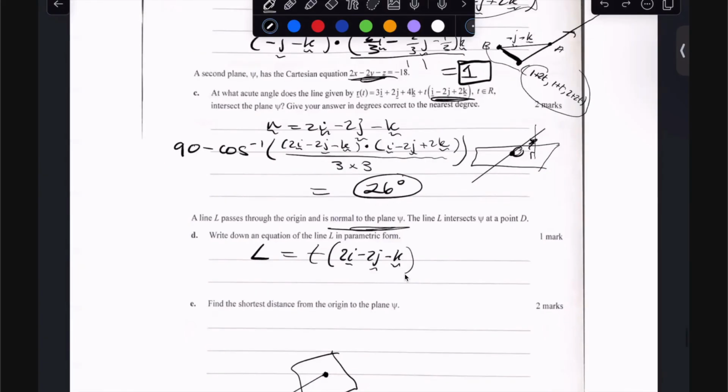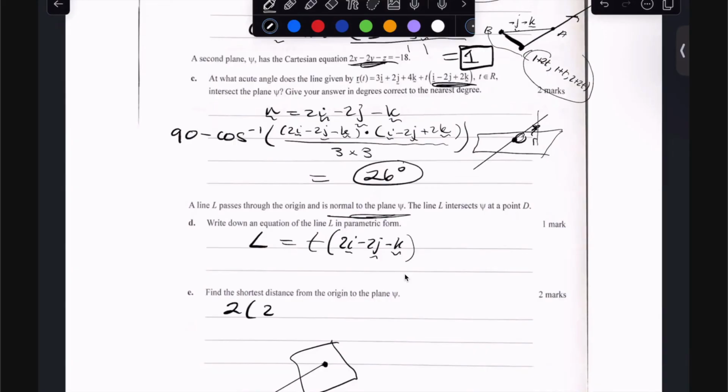So 2 times 2t, so that's x, minus 2 times, now y is negative 2t, and then z is, so minus z, which is negative t, and that's equal to 18. So you can solve for t.